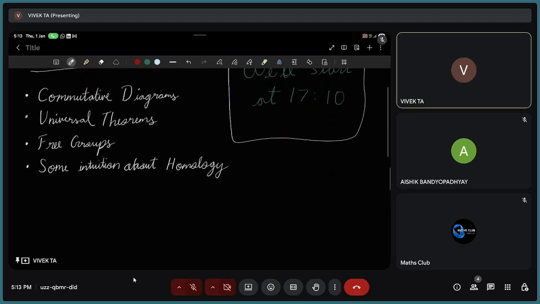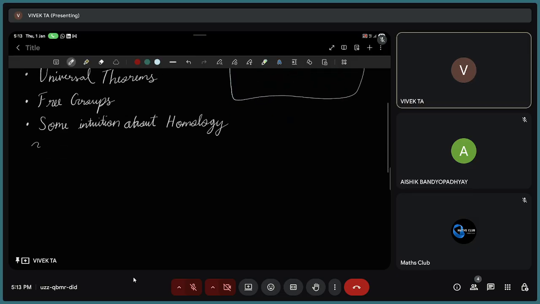So we'll go to commutative diagrams first. A commutative diagram is a very general concept in abstract algebra.